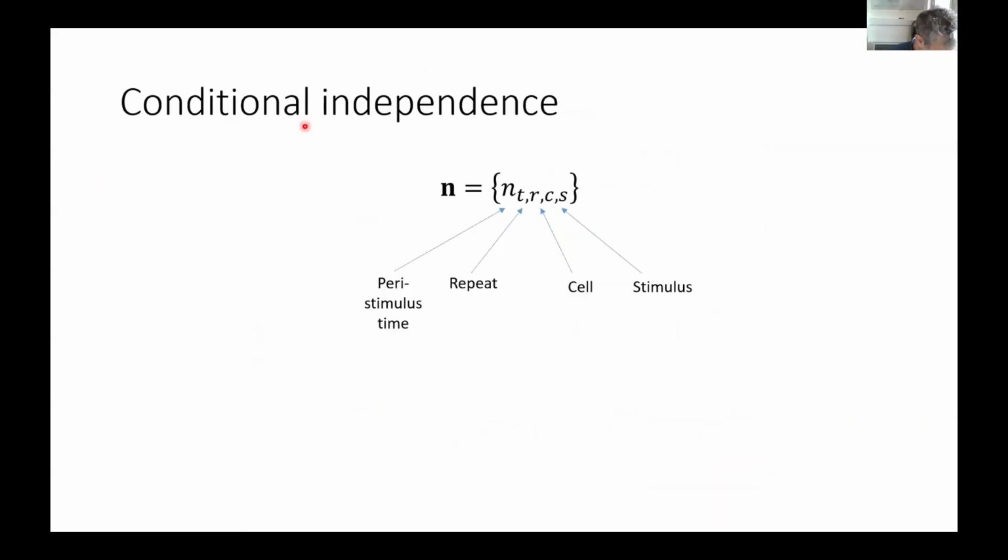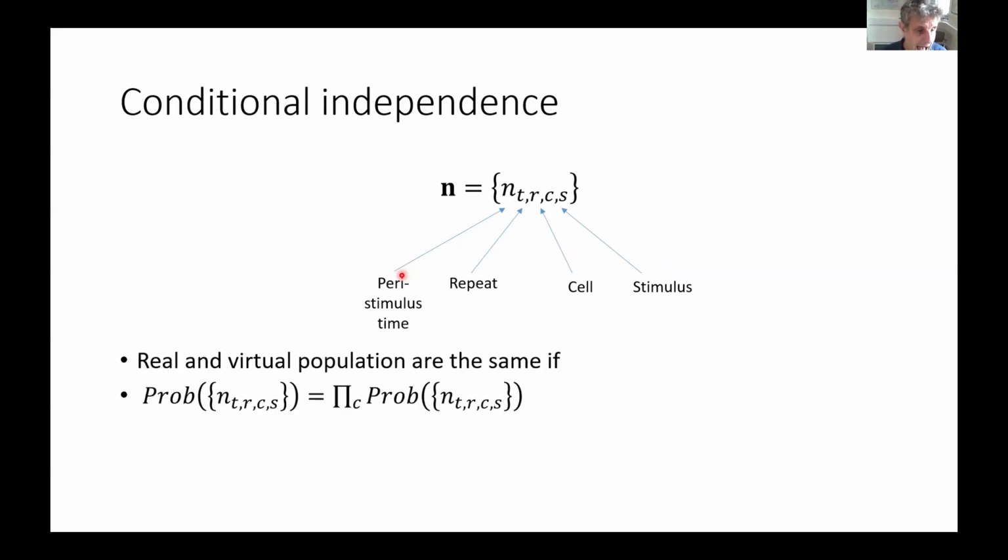Mathematically, you can get at this idea using conditional independence. Neurons are statistically independent of each other if their probabilities multiply, and they're conditionally independent if the probabilities of different neurons multiply conditional on everything else, like conditional on the trial, on the stimulus, etc. They can have a common dependence on the stimulus, but conditional on the stimulus, they are independent of each other.